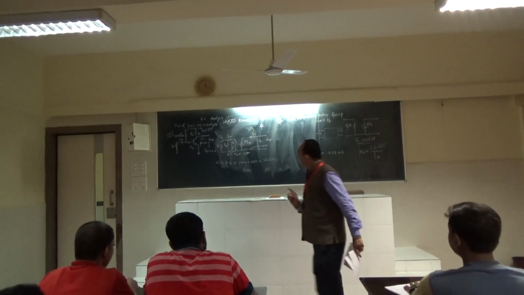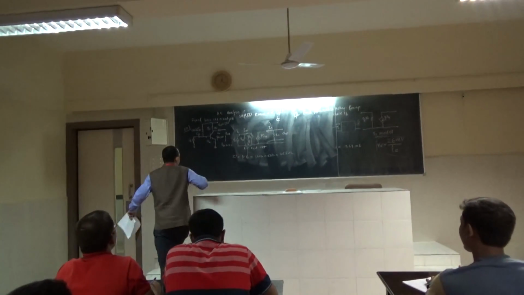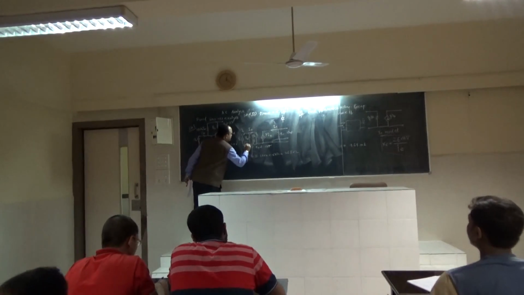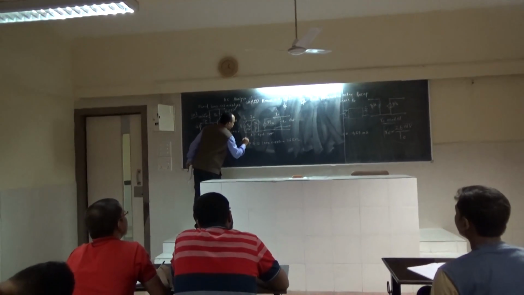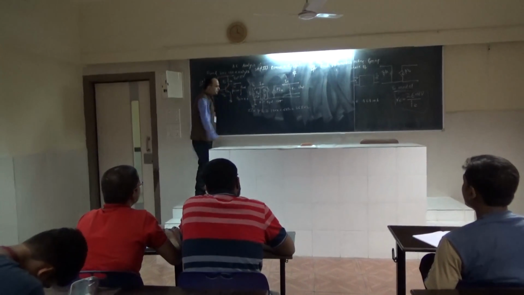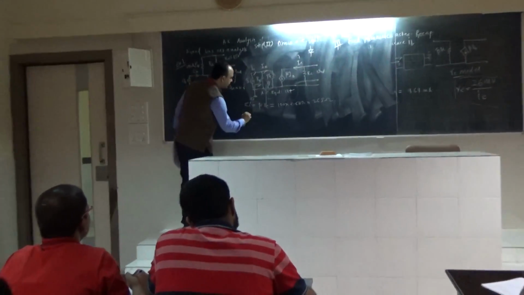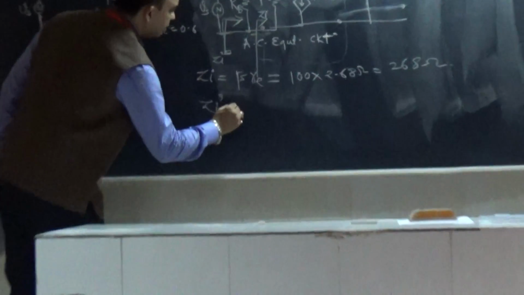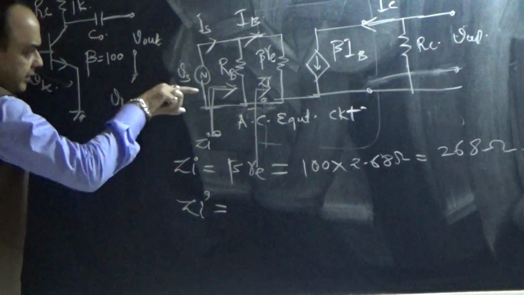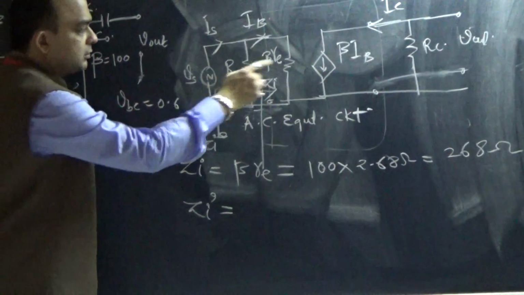Correct? What will be the resistance seen at this terminal? Can anybody tell me? Enough inputs are given. Zi dash, let us say Zi dash. How much is the resistance seen in these terminals?